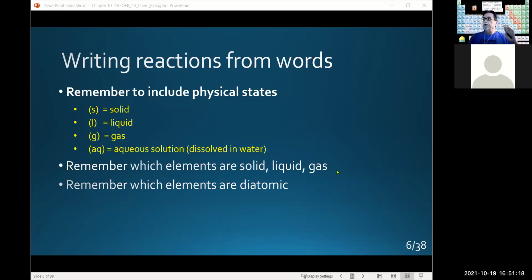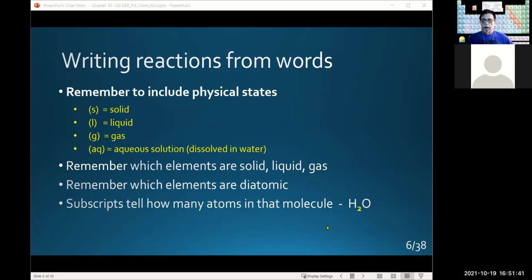There's 118 elements, 2 of them are liquids, 12 are gas, and the rest were solids, okay? Remember which elements are diatomic. Have no fear of ice cold beverage. Okay? Those are diatomic because you need to write them correctly with a subscript 2. Okay? And as we stated, the subscript tells how many atoms for that particular molecule, whereas the coefficient tells us how many molecules we have.